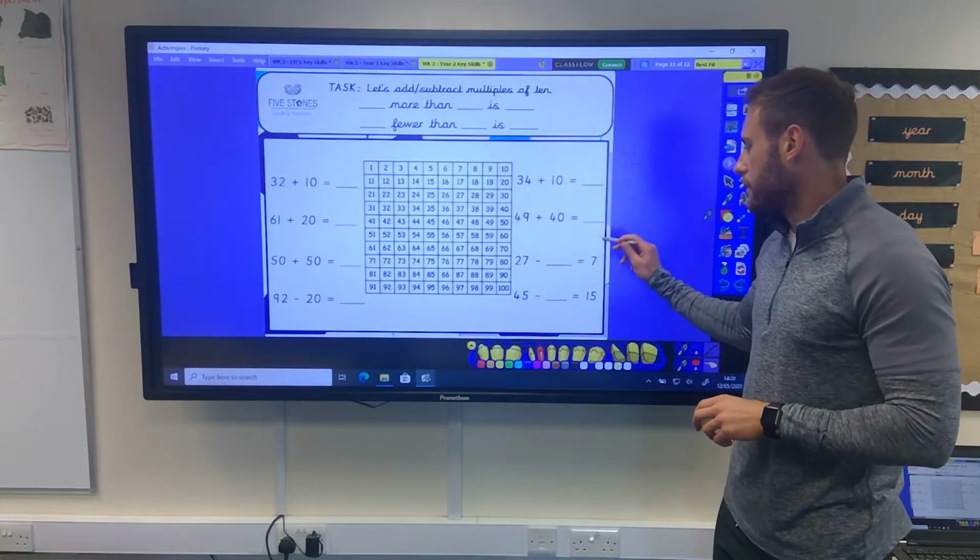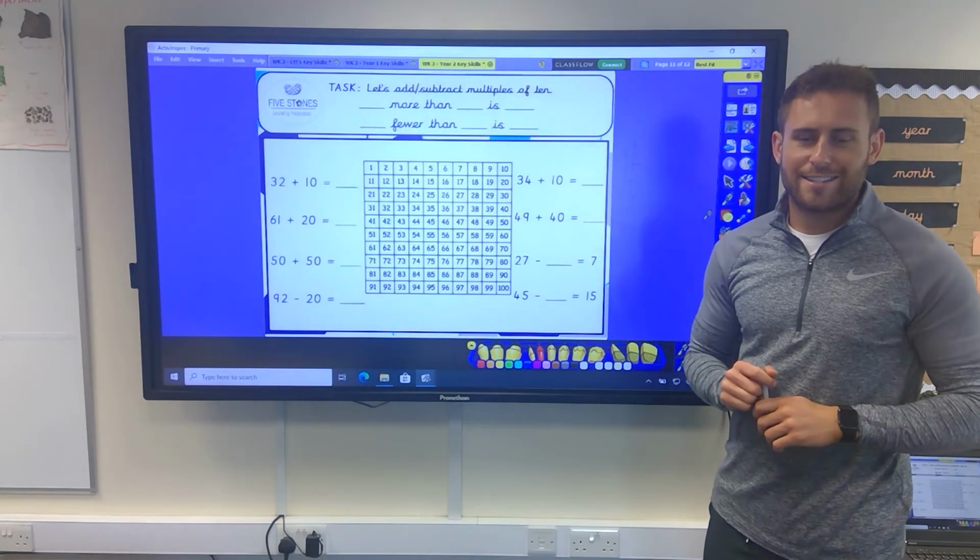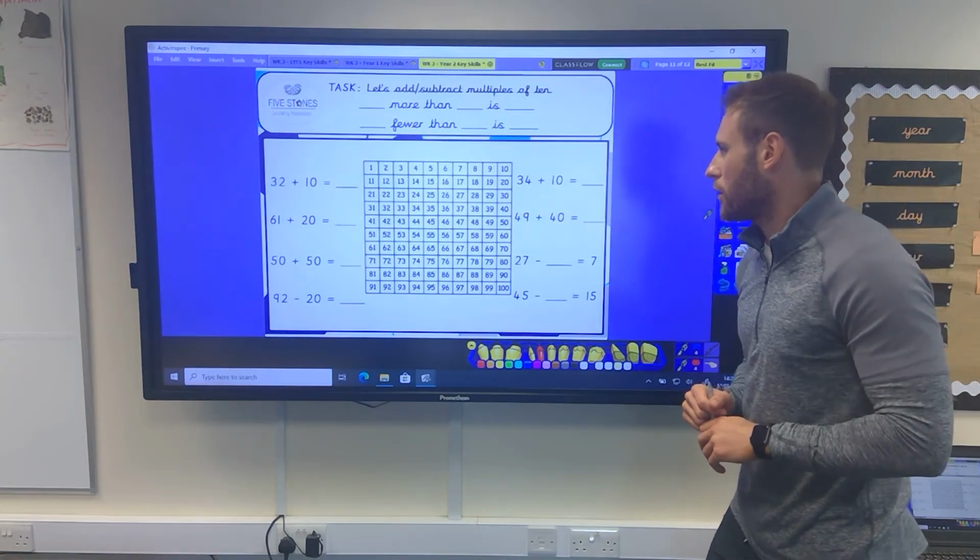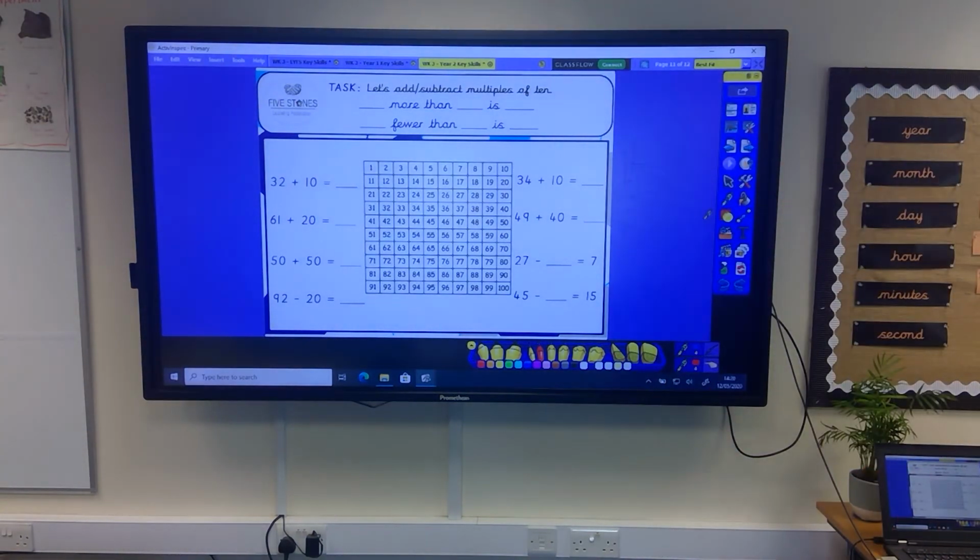Think a little bit carefully when you get to these last two problems. Off you go. Pause the tape to give you more time.